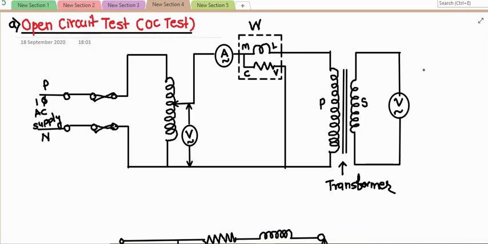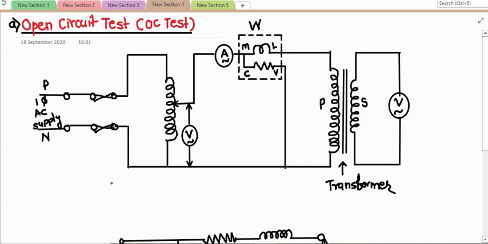Because the resistance of the voltmeter is very high, your secondary is just regarded as an open circuit without any load. So connecting a voltmeter across the secondary is as good as an open circuit.